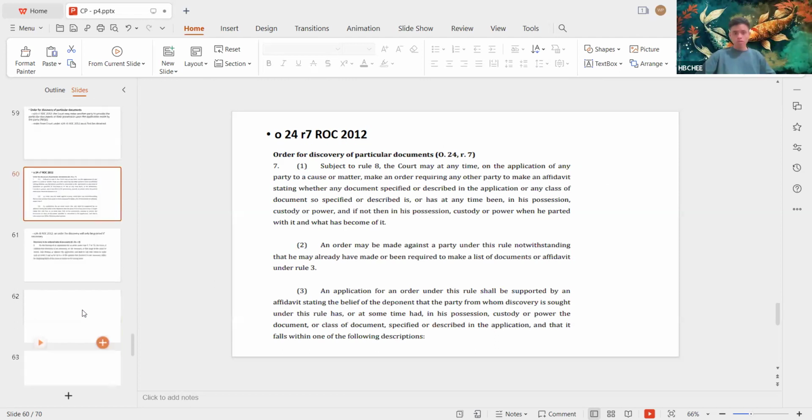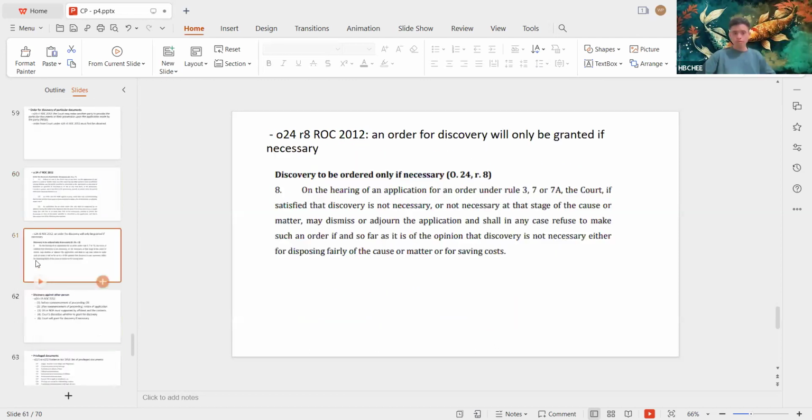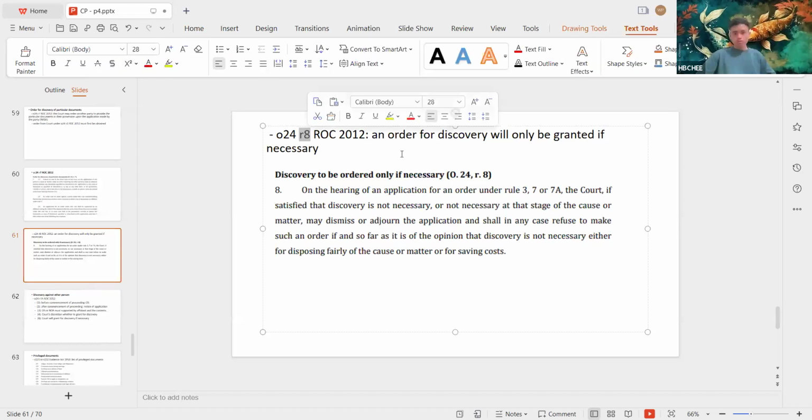Okay, so this is Order 24 Rule 7. Now, Order 24 Rule 8, the order for discovery will only be granted if necessary, because the court in the end will also filter. We have to consider whether this is necessary or not. If you simply say that you want this and that document without any substantial ground, unlikely the court will grant the order for discovery.